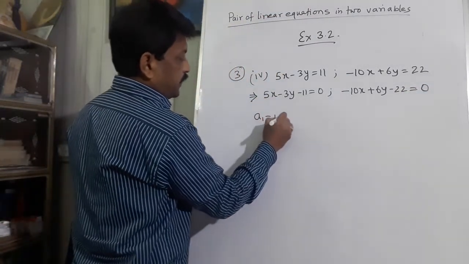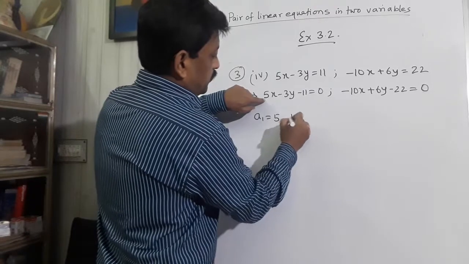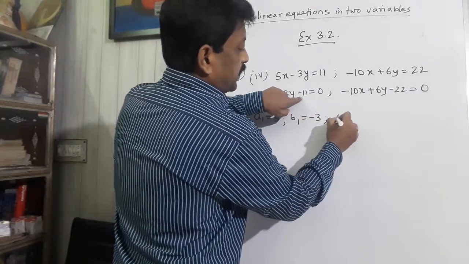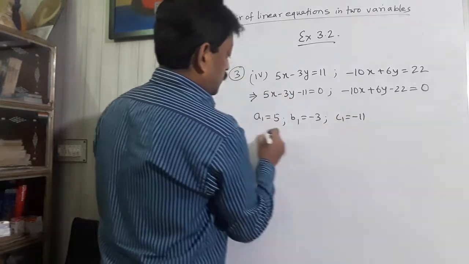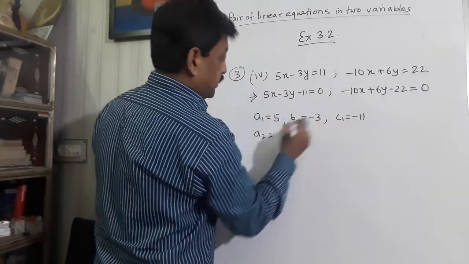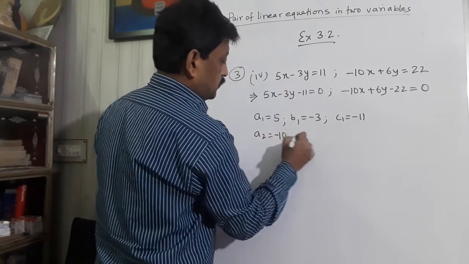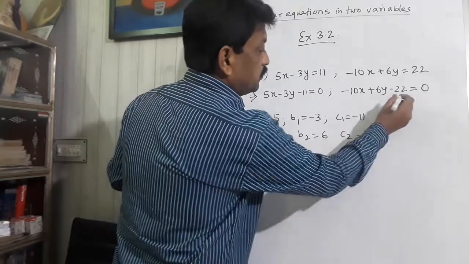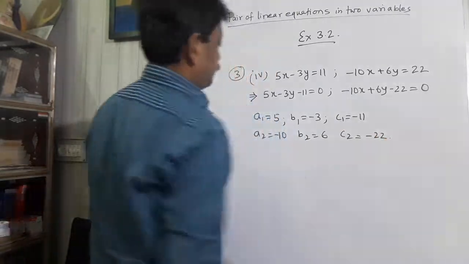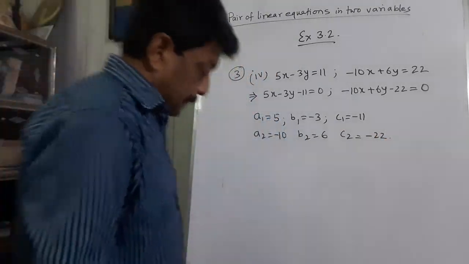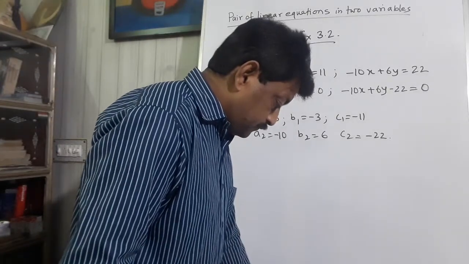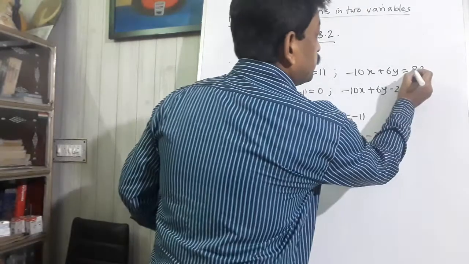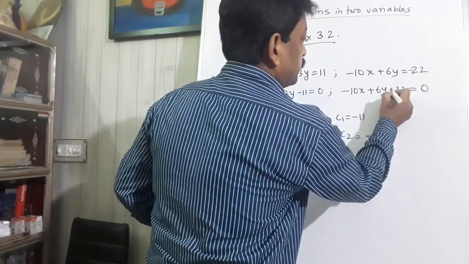So a1 is 5, b1 is minus 3, and c1 is minus 11, a2 equals minus 10, b2 equals 6, and c2 equals minus 22. Here it is minus 22, so it will be plus 22.